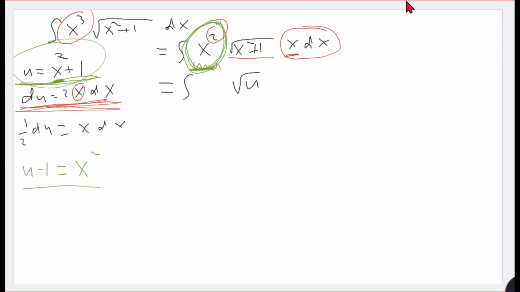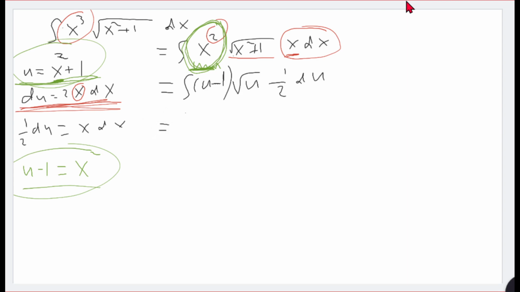The x dx together, we already saw that it becomes half du. The extra x squared, the leftover, which we usually don't have in the presence of the perfect supporting factor, can fortunately be replaced rather simply by u minus 1. So we do have a more complicated new integral. It can be done though, that's the key.